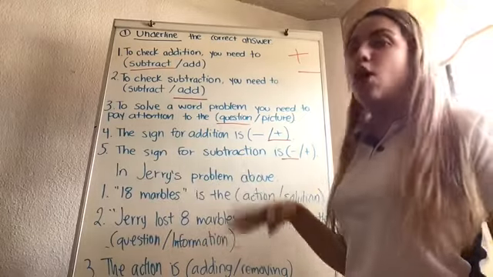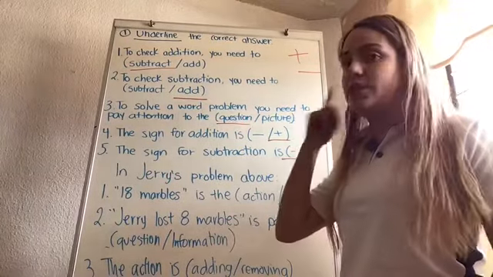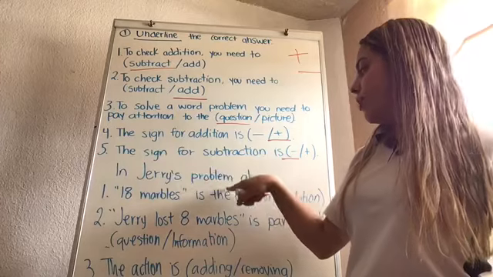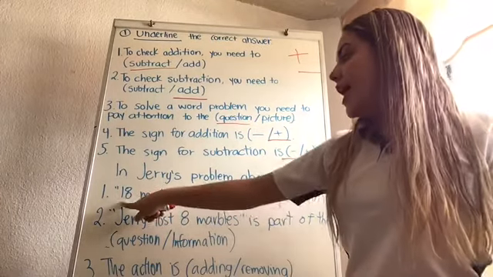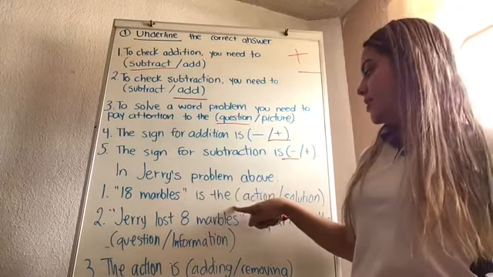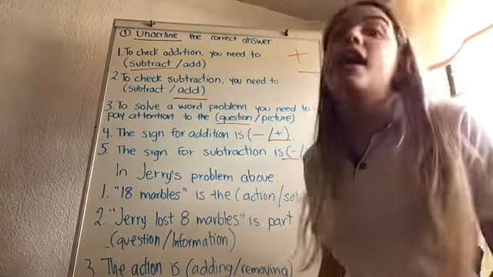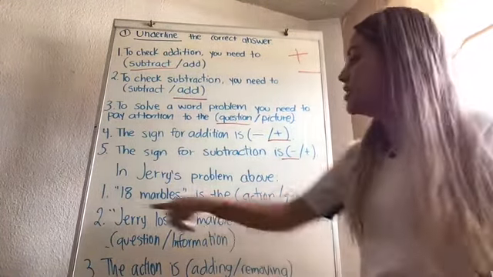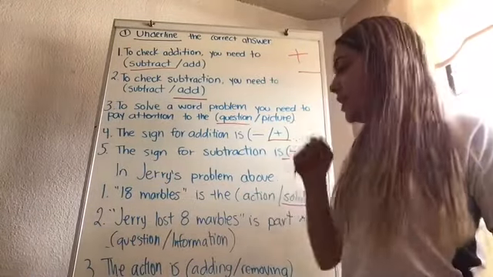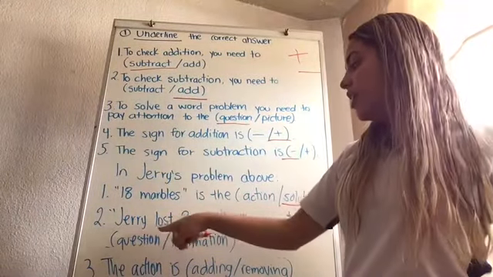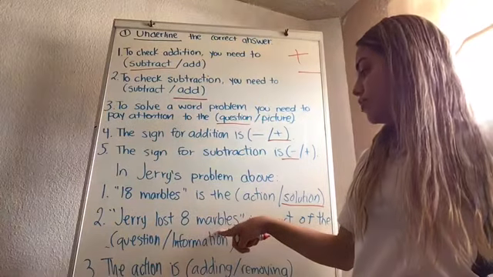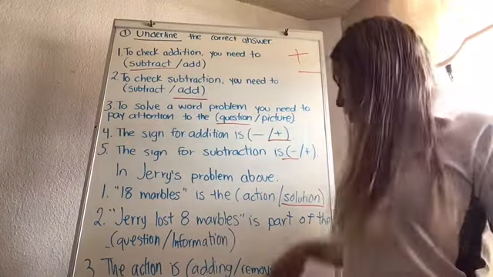Okay. This is a word problem, okay? Listen to Ms. Nailea. In Jerry's problem above, 18 marbles is the action or the solution? It's the solution. This is the answer, okay? Let's see. Number 2. Jerry lost 8 marbles. This is the information.